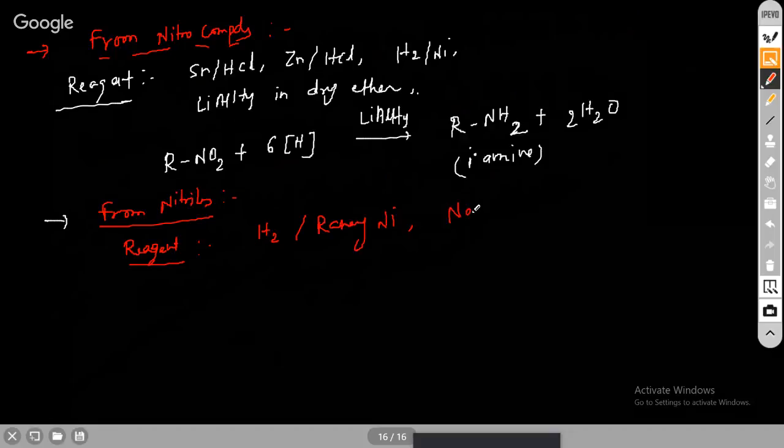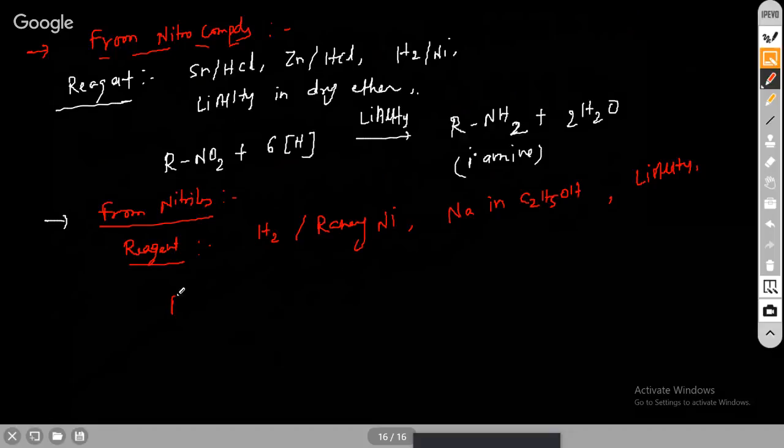We can use Na in C2H5OH, ethanol. That is Raney nickel we call it. It is just fine nickel we use. The size is very small over here. Raney, the spelling here, sorry. Or we can also use LiAlH4.